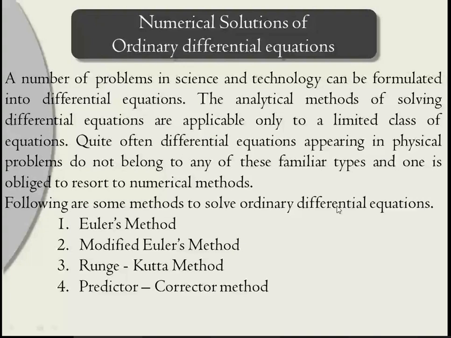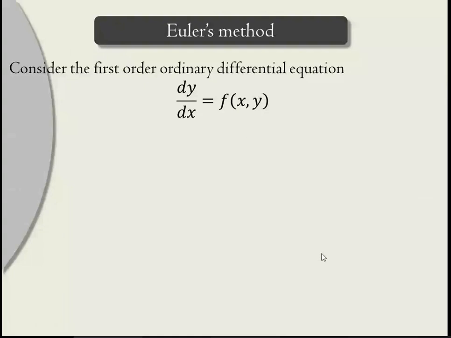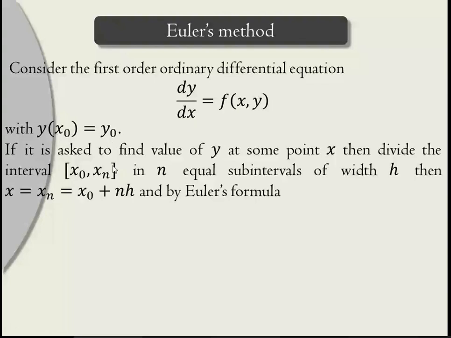Today we'll discuss the first method, Euler's method. Suppose we have a first order differential equation written in the form dy by dx equal to some function, and we know the value of y at some initial point x naught, denoted by y naught. What do we mean by the solution of a differential equation? It means the value of y at x, the equation of y in terms of x.